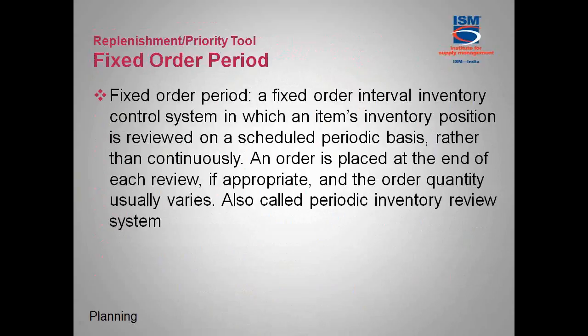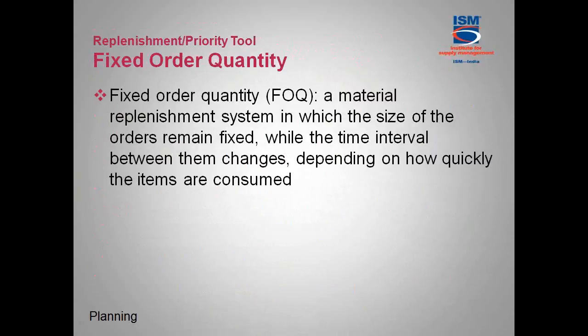Then another method is called fixed order quantity, where the order quantity is fixed, but the interval of placing the order is different. It depends on how frequently we are consuming the raw material. According to that, we set the frequency of the order, but the order quantity will be the same every time.